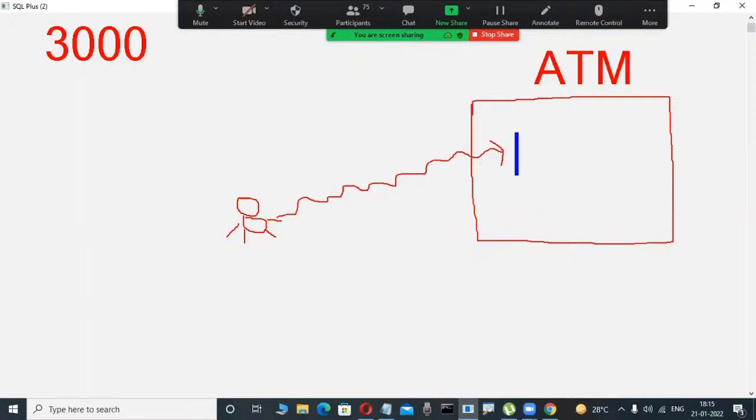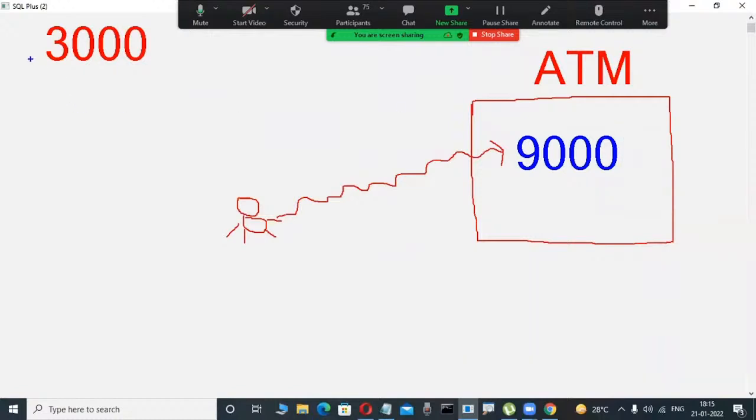But 3,000 is my available balance. After inserting the ATM card, it will ask me to enter the amount. Unfortunately, I mentally decided to withdraw 9,000 rupees. Now as I try to withdraw 9,000 rupees, am I getting 9,000 rupees? No.